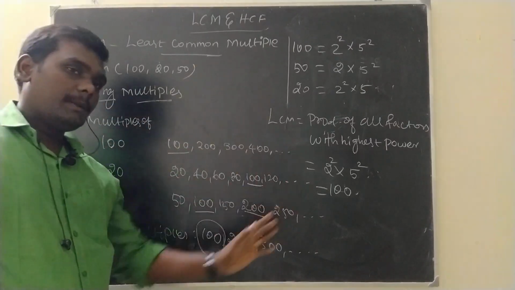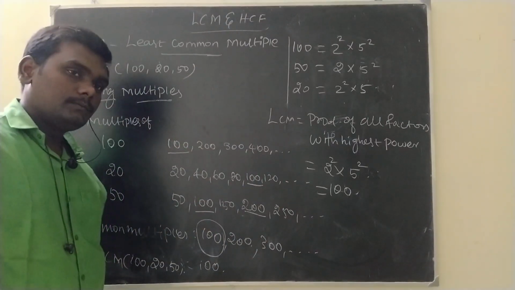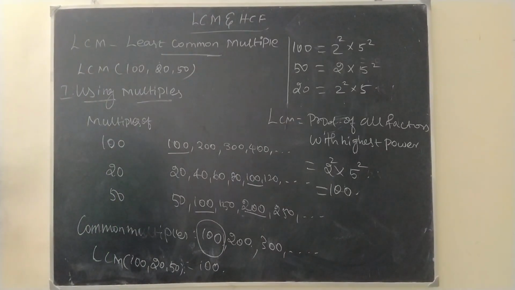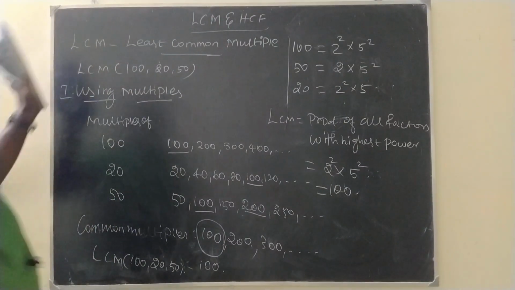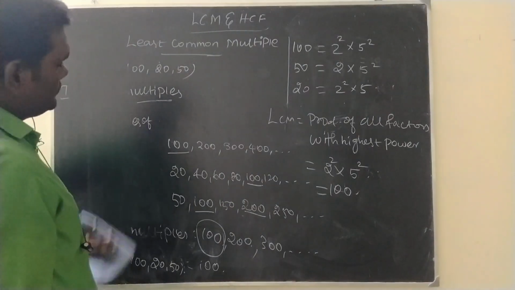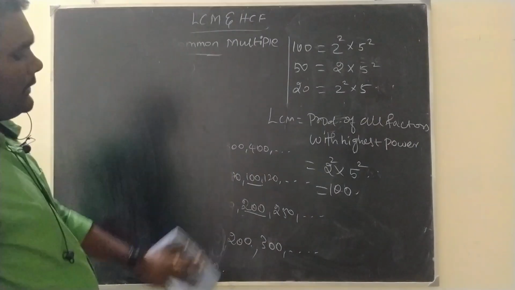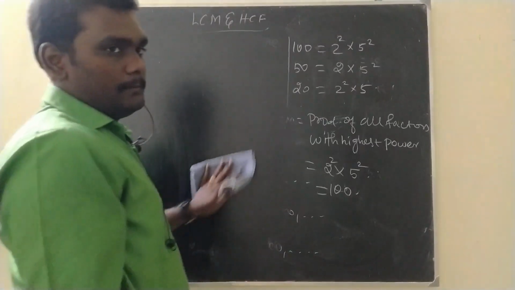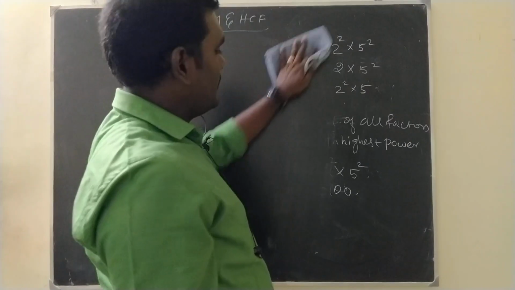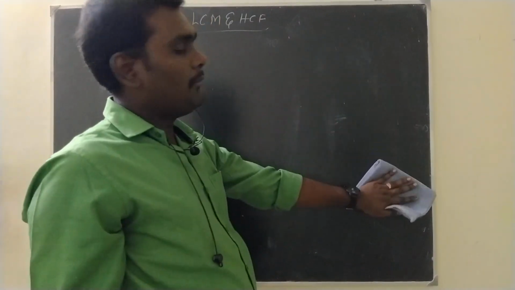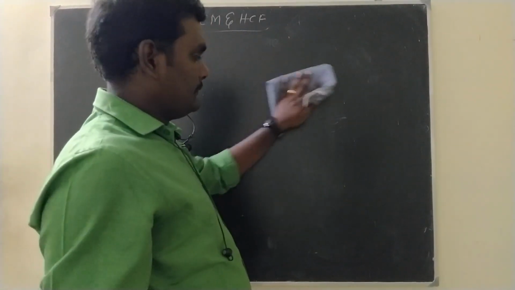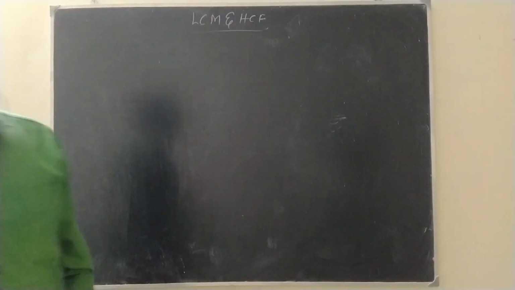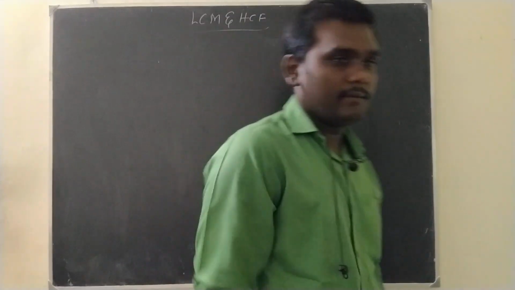Okay, let me summarize. Have you done writing everything? Okay, shall I erase? See, LCM means it is the least common multiple. That means this 100 can be divided among the people. I need to divide the fruits equally to my friends.